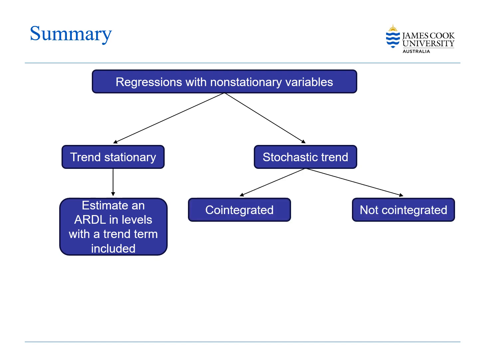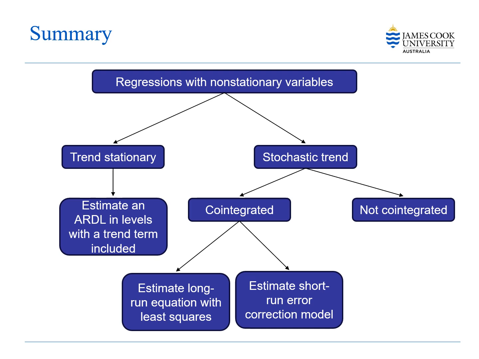then let's check whether these variables are co-integrated. We regress one against the other. Do we end up having I0, stationary residuals? If yes, then they are co-integrated. Otherwise, they are not co-integrated. If they are co-integrated, we can either estimate a long-run relationship with ordinary least squares estimators, or we can estimate short-run error correction models.